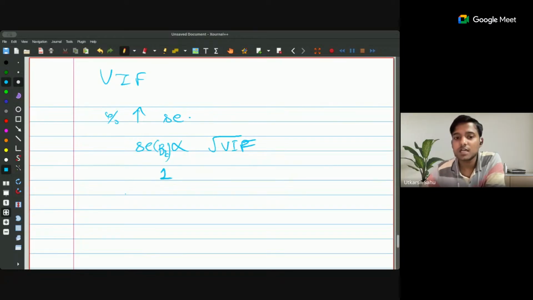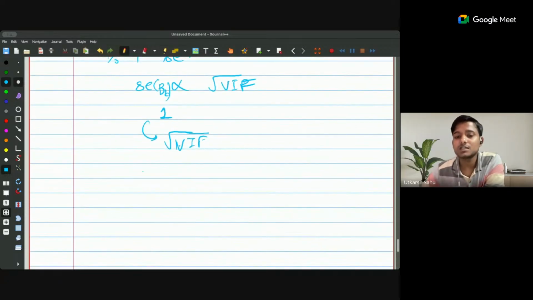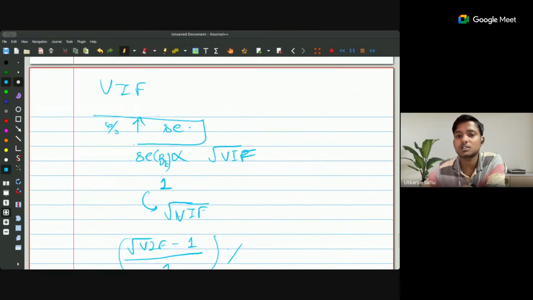If you have some VIF, you will have square root of VIF. So percentage increase would be square root of VIF minus 1 upon the older one, which is 1. So you can find this in percentage and get the answer. This was asked in, I think, a previous term. So check this one, percentage increase in standard error.